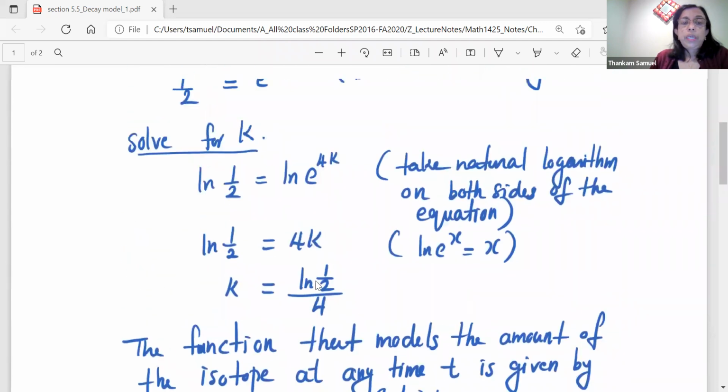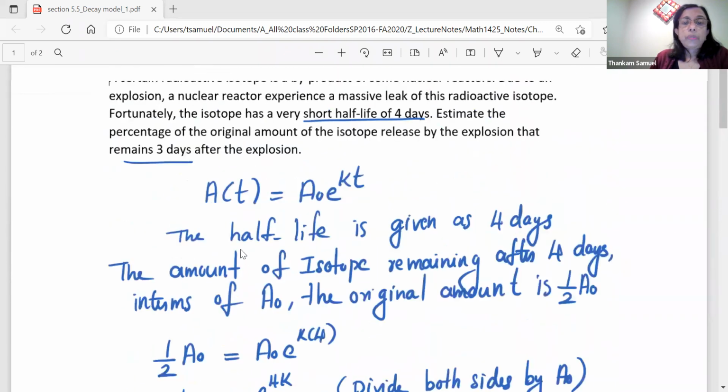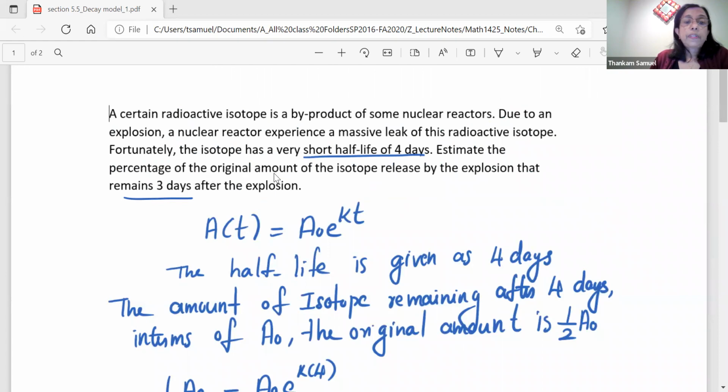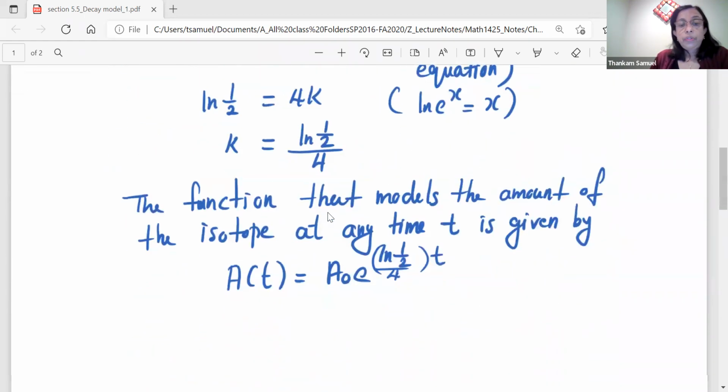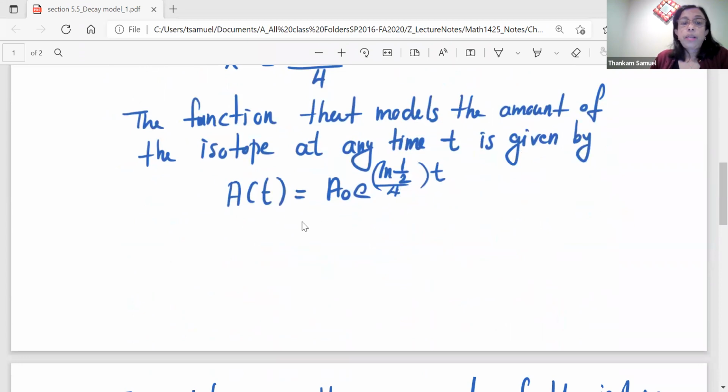So the question is, estimate the percentage of the original amount of the isotope released by the explosion that remains 3 days after the explosion. So we have the model here, A of t equals A sub 0 e to ln of 1/2 over 4 times t.